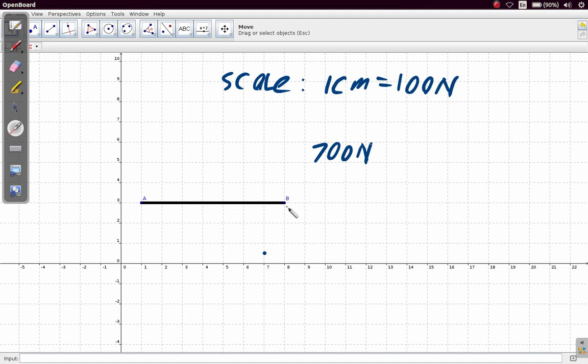If you're representing the vector quantity on graph, now I want to tell which direction the vector is operating. Is it in this direction or is it in this direction? So you see the need for the arrow. I have the arrow pointing in that direction. All right?